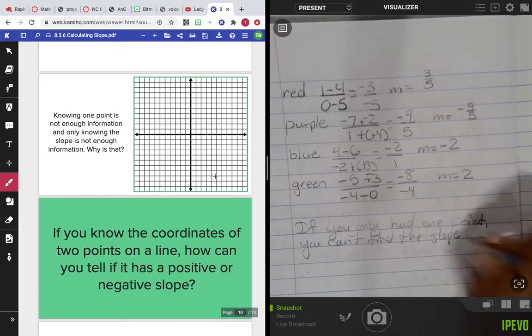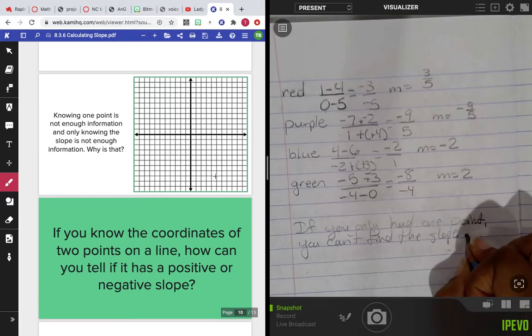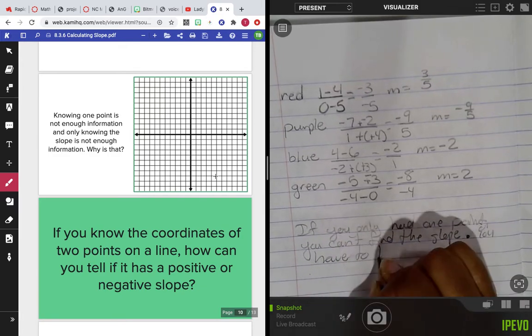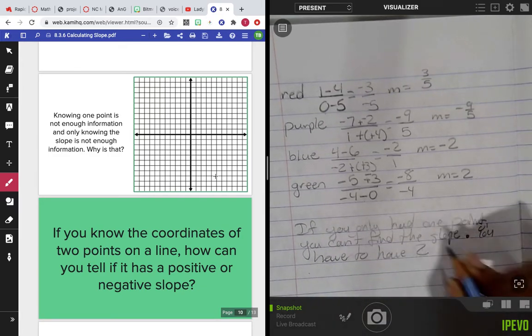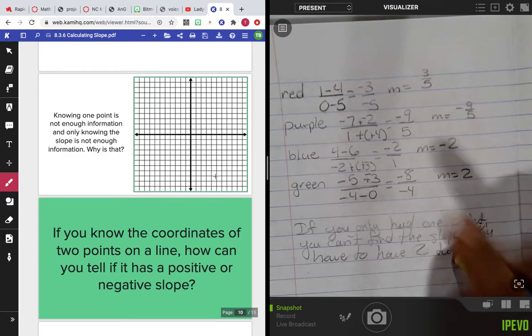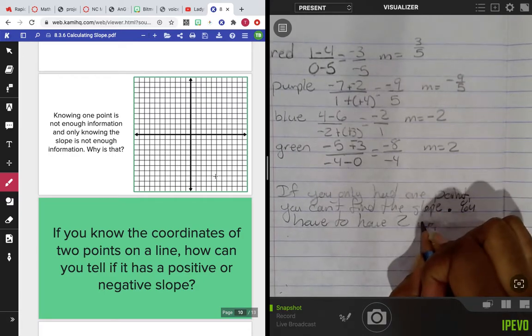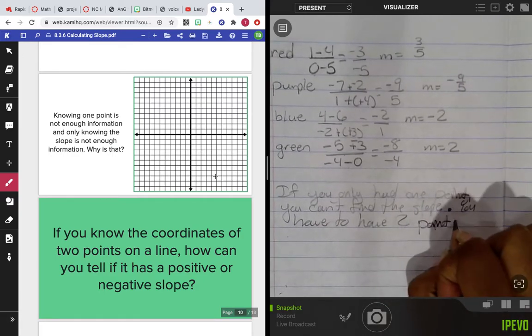In order to find the slope, you have to have 2 points.